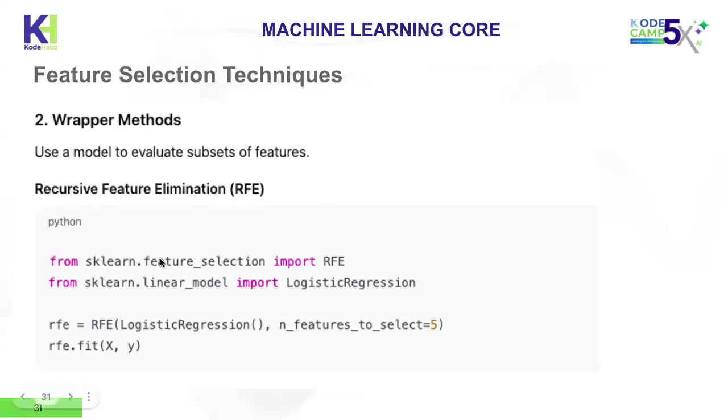This is an example where you're using recursive feature elimination with logistic regression. You run the RFE with the logistic regression, using it as a way of running the elimination, and then you specify the number of features that you want to select.